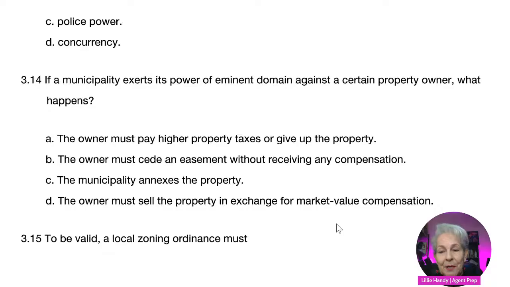And MJ Smith, you are correct. The answer for 314 is D. The owner must sell, it's a must, the property in exchange for market value compensation. So that is eminent domain, where the land is taken for public use.